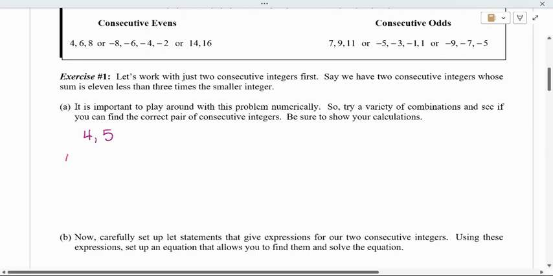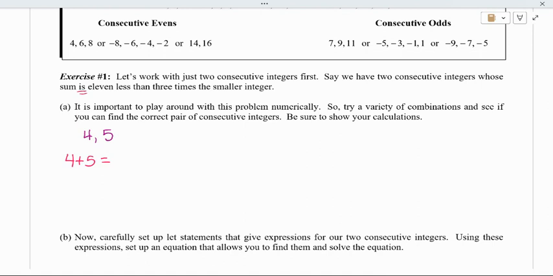Their total. So their sum, 4 plus 5, is, what does is mean? Equal sign, good job, is 11 less than 3 times the smaller integer.